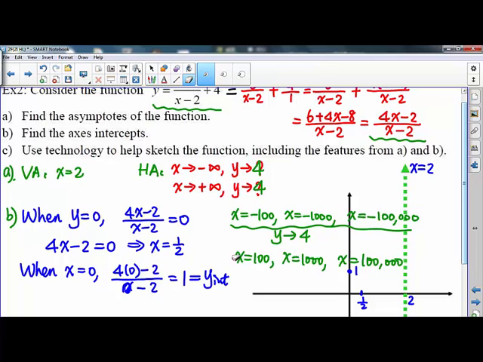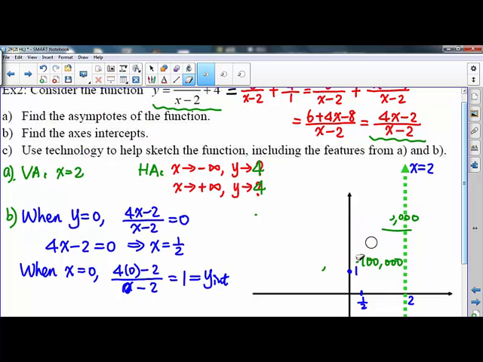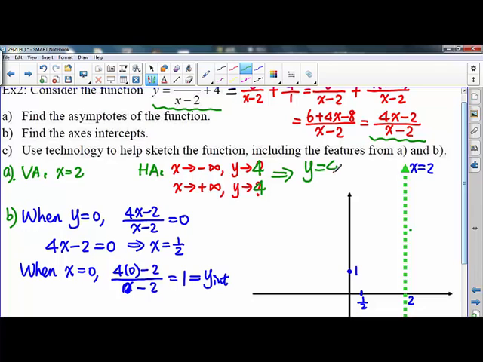So in this case, we will know the horizontal asymptote is this y value, which is y equals 4. So when x is approaching negative infinity, y is getting closer to 4 but never equals 4.